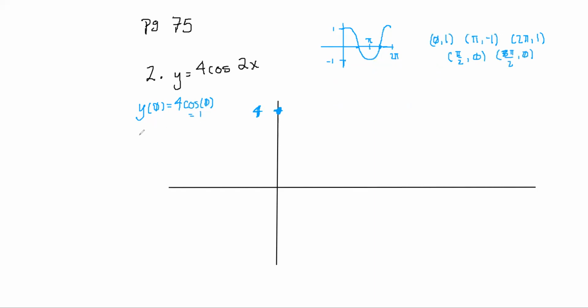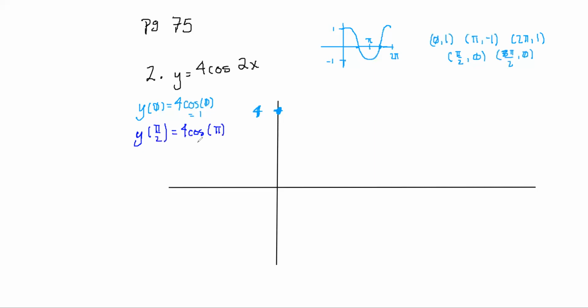Then I'm going to do y of pi over 2. So this is going to equal 4 times cos of pi over 2 times 2, which is pi.